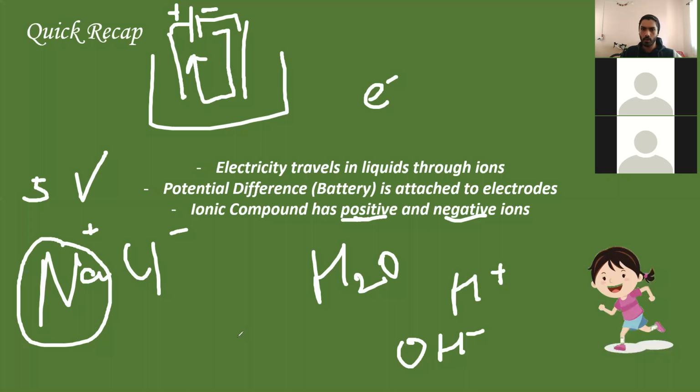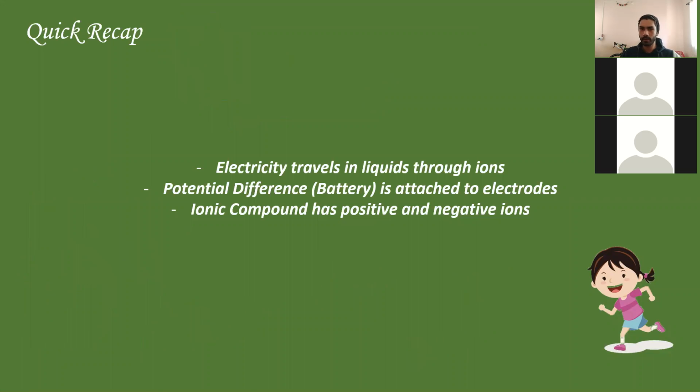Also, let's say H2SO4: SO4 is negative, and H2, meaning H plus, is positive. So in an ionic compound, there is always a positive and a negative, and this is how an ionic compound is made. Compound means nothing but a mixture of 2 things. So whenever you hear about an ionic compound, always remember it has positive and negative ions.